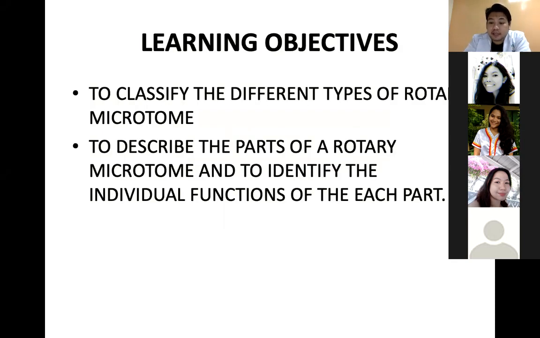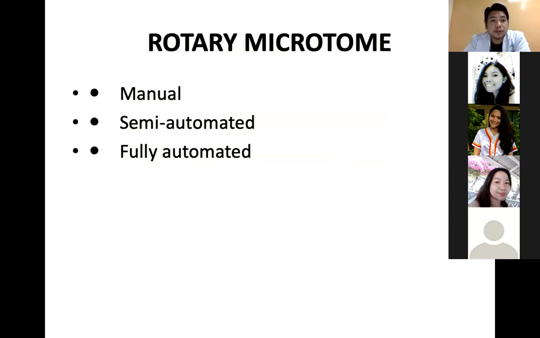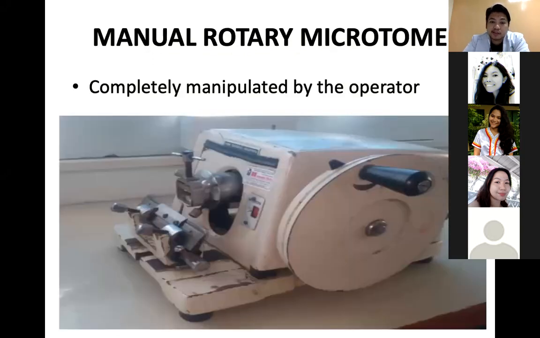So ito yung meron tayo sa ating lab. We have three types of rotary microtome: the manual, semi-automated, and fully automated rotary microtome. So this is the manual. This is the one that we have in our histopath lab.